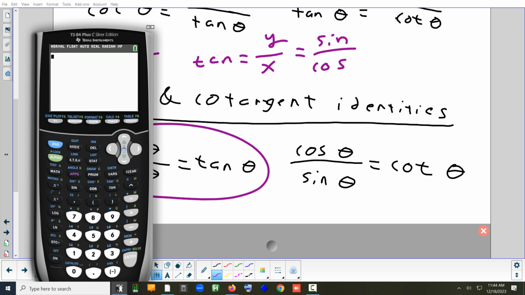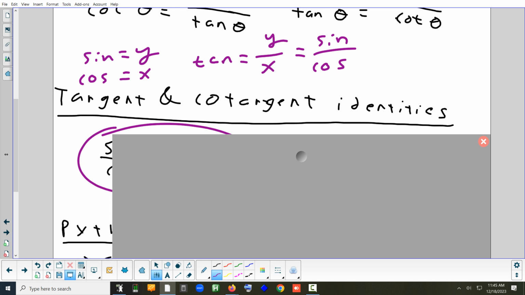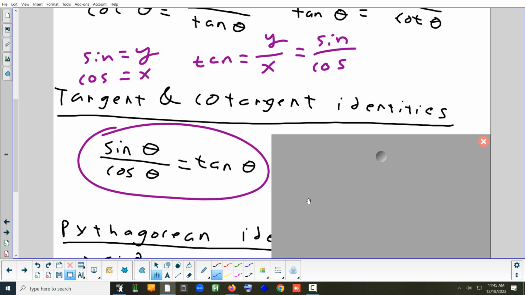So if you took, just make up, tangent of 5 radians. Well, if you took the sine of 5 and you divided by the cosine of 5, you will get exactly the same thing. Because tangent is always sine divided by cosine. Now, if tangent is sine divided by cosine, what would you think the cotangent would be?